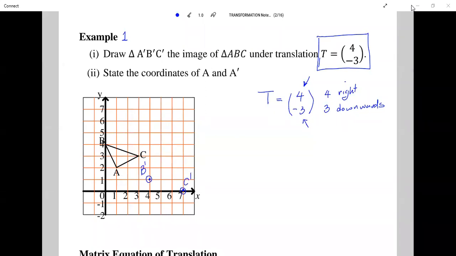Now the last thing to move is A. 4 units to the right and 3 units down will make it 1, 2, 3, 4 units to the right, 3 units down, 1, 2, 3. The new position of A is going to be (5, -1). This is A prime.